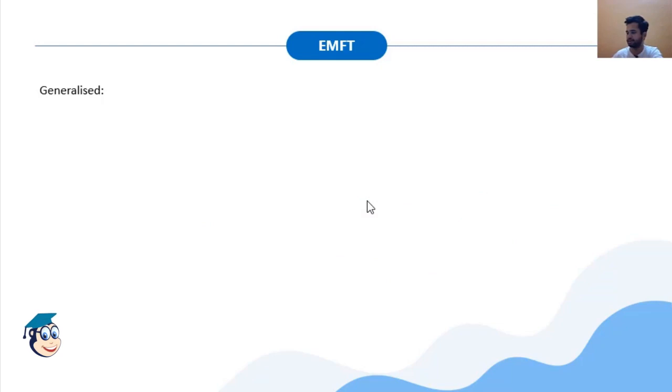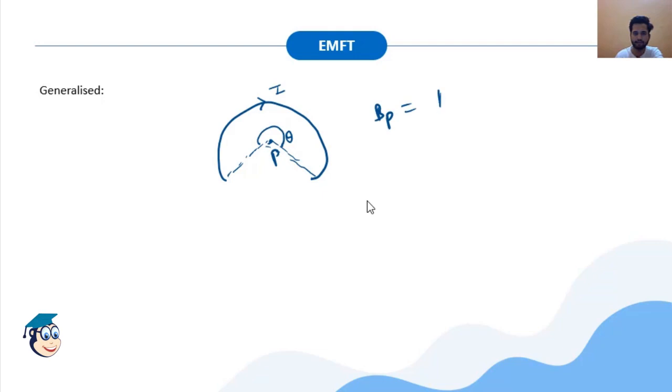We have some part of a ring, which is making an angle theta, and it contains a current I. This is the point P. Then the magnetic field at P is given by mu naught I over 2R times theta over 360 degrees, where theta is in degrees.